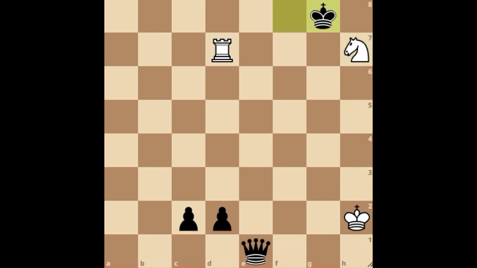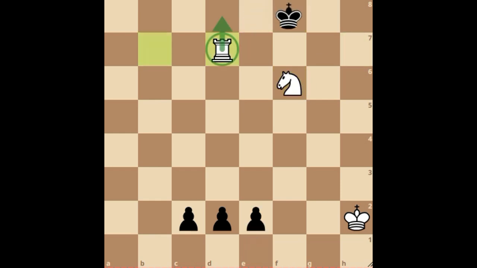After the king moves, you can simply give another check. The black king cannot escape any checks here. The key move here is rook d7. This rook prevents the king from going further towards the a8 square. So something like this, there's no escape for the king, and this is a perfectly drawing combination.